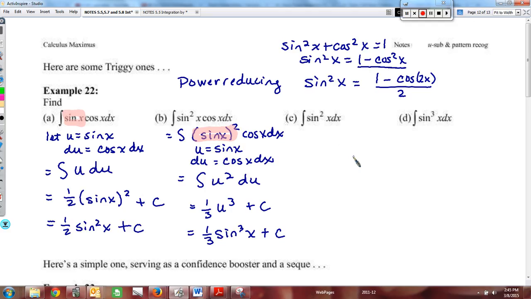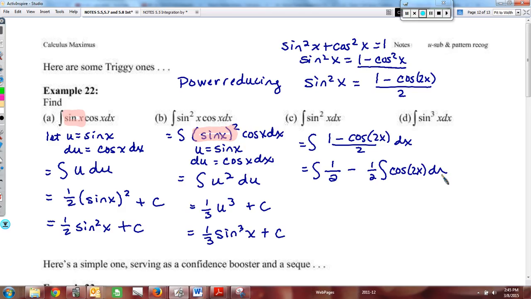And so what we can do is use this identity and change this to, instead of integrating sine squared, I integrate 1 minus cosine of 2x over 2 dx, which is essentially the same as integrating 1/2 minus, I'm going to bring the 1/2 out, the integration of cosine of 2x dx, and don't forget your dx on that one.